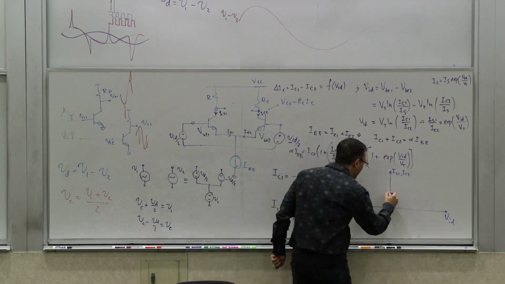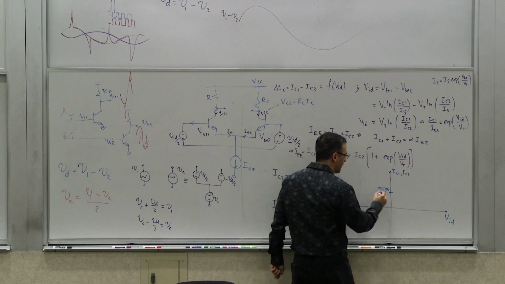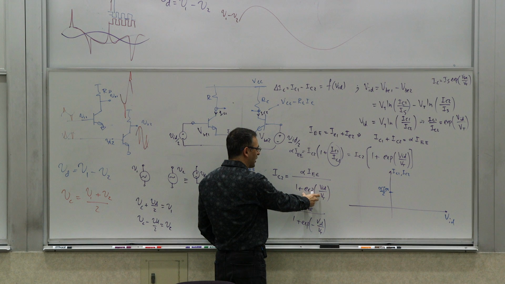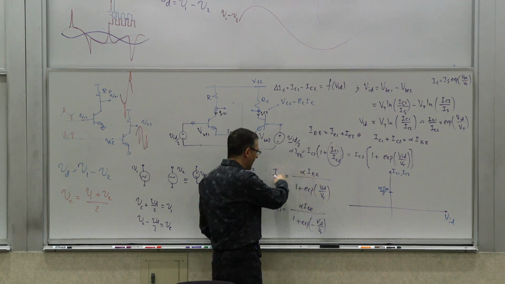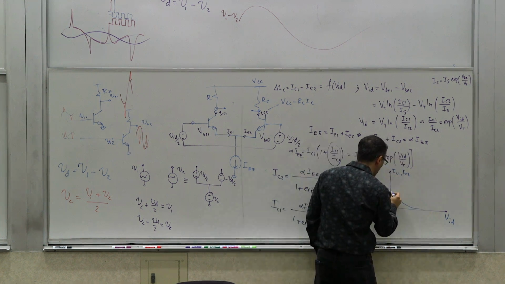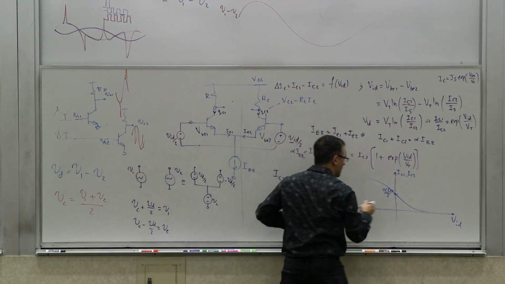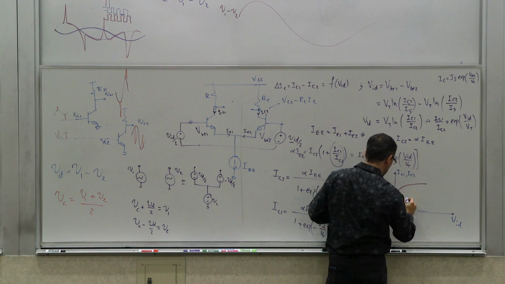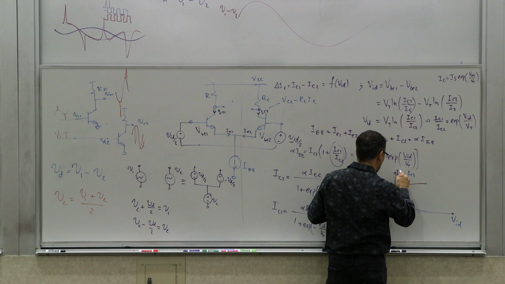So you're going to be at half of alpha IEE, both of them. Now, as you increase VID, let's say you make it positive, this denominator becomes larger, right? And therefore, IC2 becomes smaller, and IC1 becomes larger. So this is IC2, and that one is IC1.